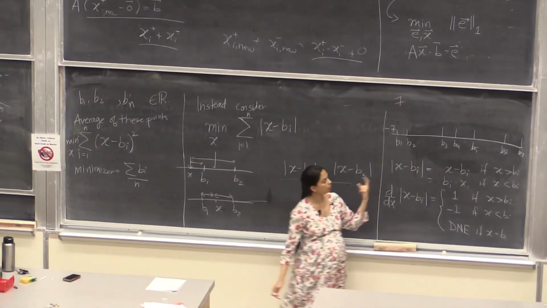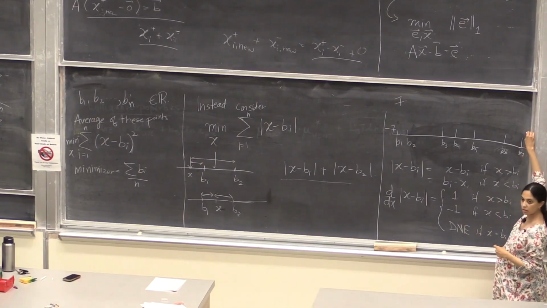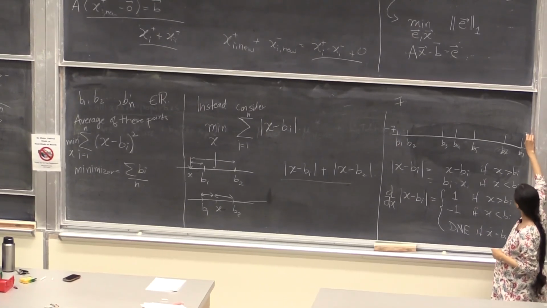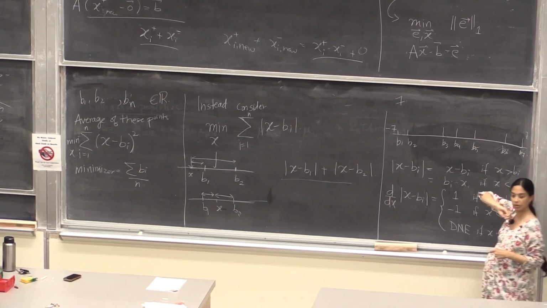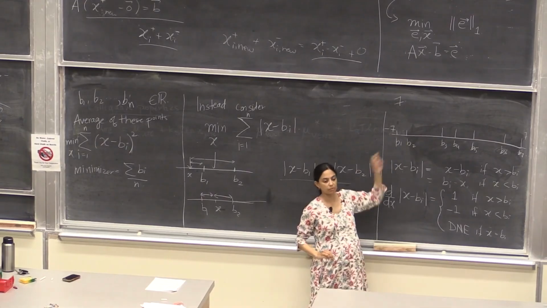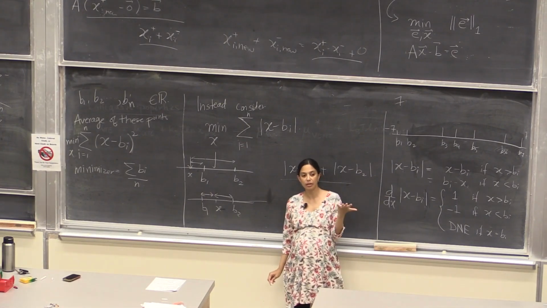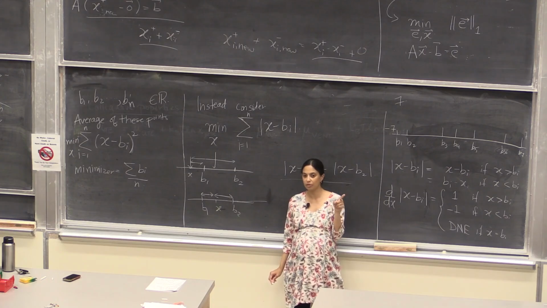Okay? What about my derivative for x greater than b7? It's going to be 7 over here, right? What about my derivative in between b1 and b2? Now how many am I smaller than? 6. But I'm greater than 1. So what's my derivative going to be?